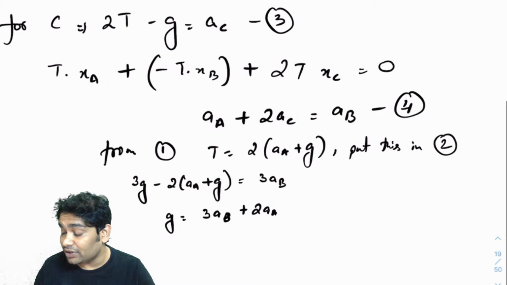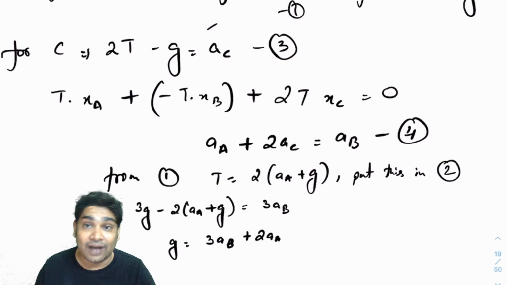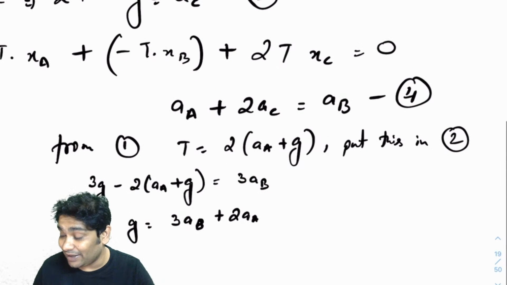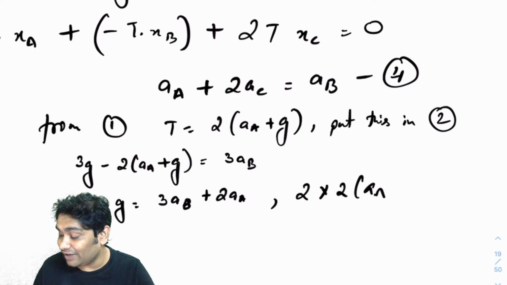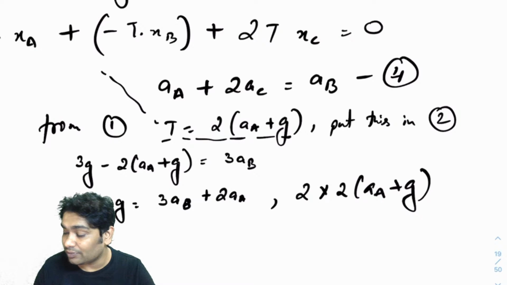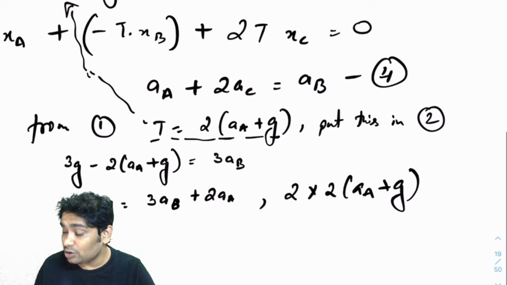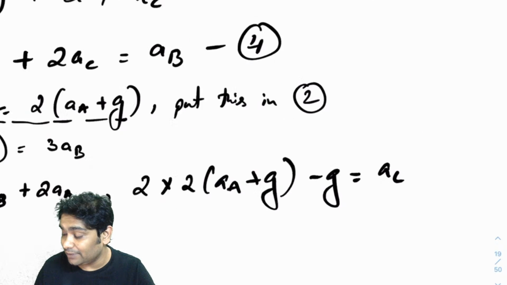Now for the last equation, I need to again substitute the value of t here also. So if I substitute the value of t here also, let's see what I'm getting then. Then I'm getting 2 times 2 times acceleration of A plus g. Okay, so I'm putting this value of t here also. So I will get minus g would be equal to A_C.